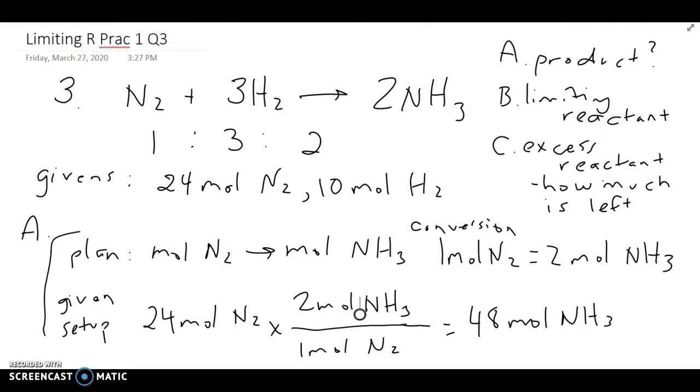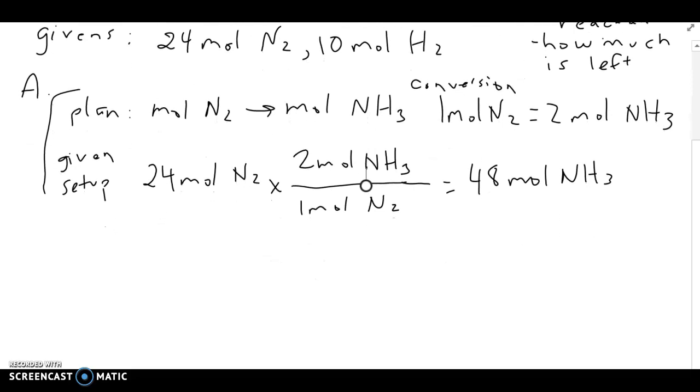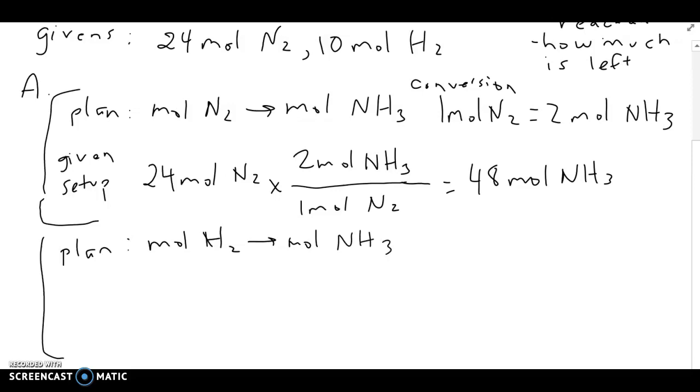Next step. We're going to figure out what is available if we use all of the hydrogen. So our plan, moles of hydrogen yields moles of NH3.